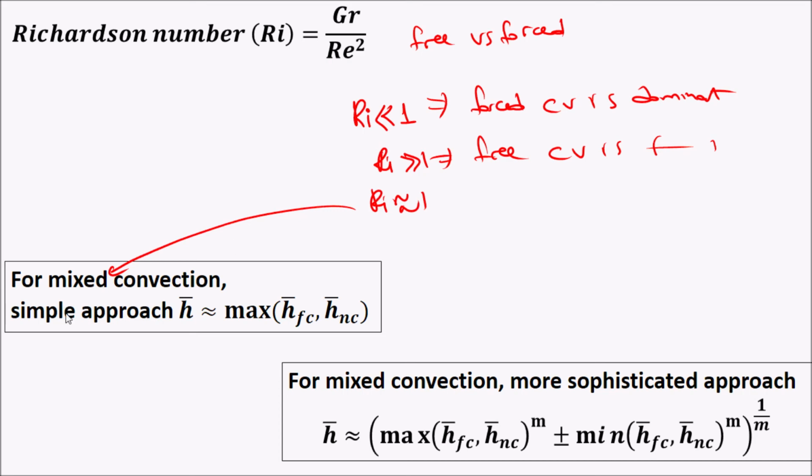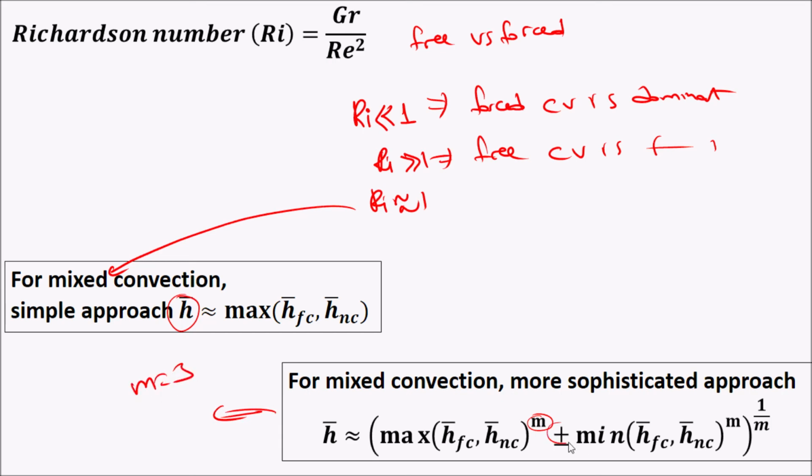In that case, the simple approach to find the h value is to take the maximum of h forced convection or h natural convection. You can take this one or that one. But with the more sophisticated approach, we take h bar as the maximum of h forced convection to the power of m, plus or minus the minimum of h to the power of m, all to the power of 1 by m. Here the m value is 3.